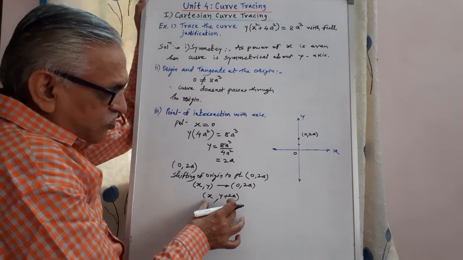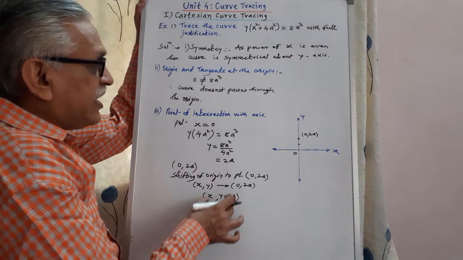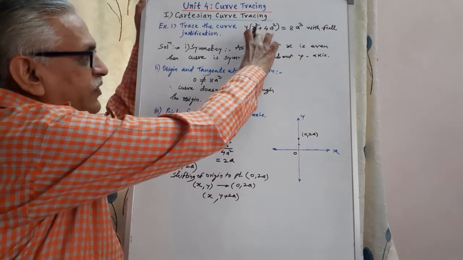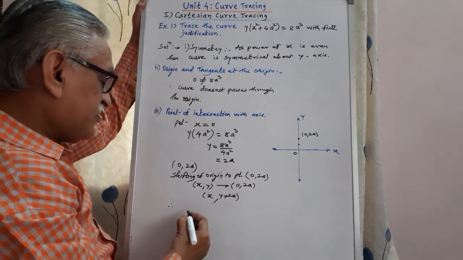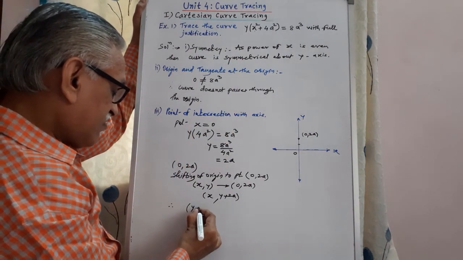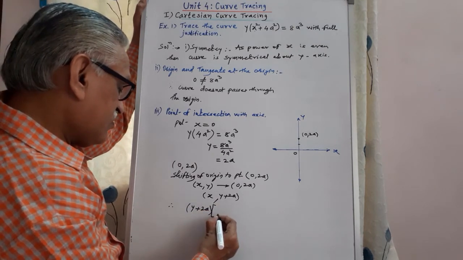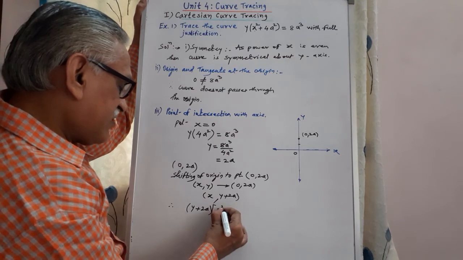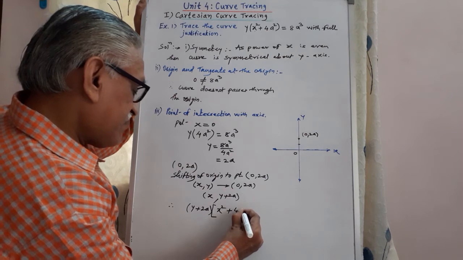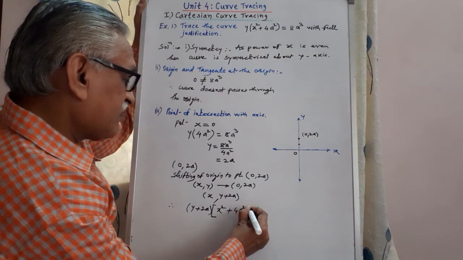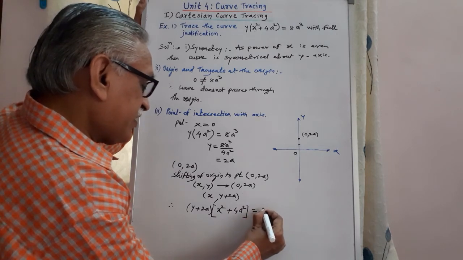And as curve passes through this point, it will lie on that curve, and as it lies on that curve, it will satisfy that equation, and therefore we get the equation as (y plus 2a) into x square plus 4a square y, and that is equals to 8a cube.